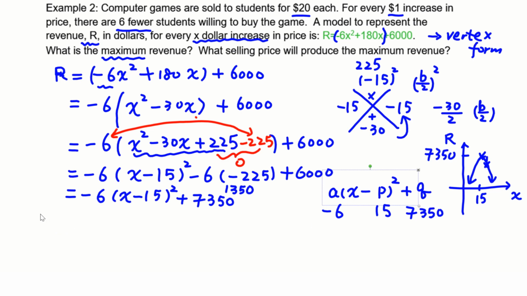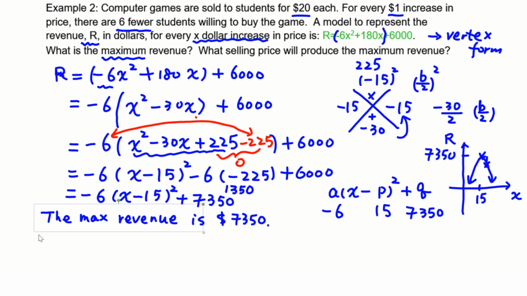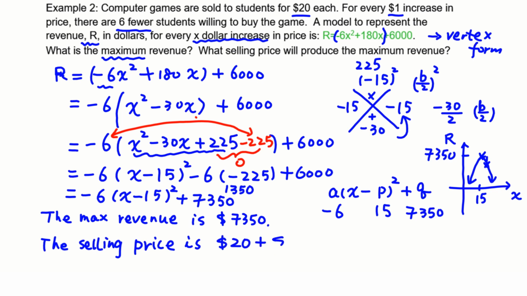So we write the statement here. The maximum revenue is $7,350, and the selling price, be careful here, 15 is the $X increase, so the selling price is not $15, it's from the original price $20, then increase $15.